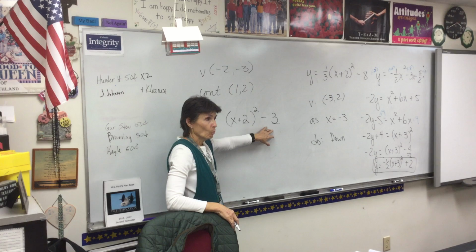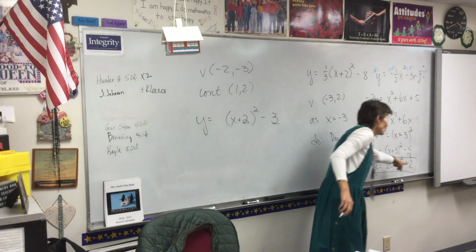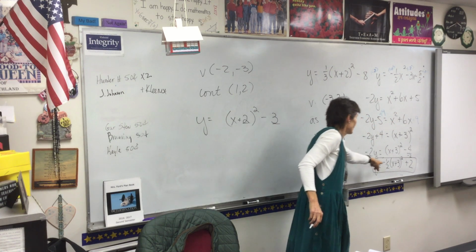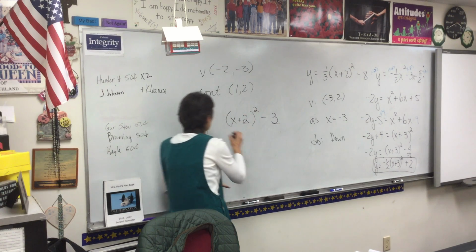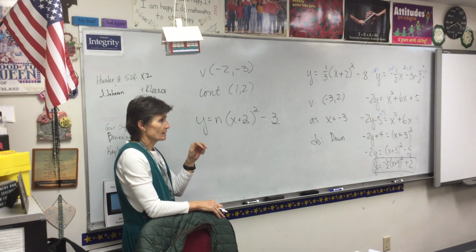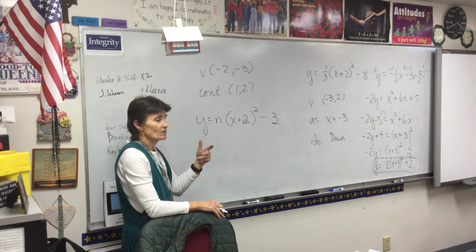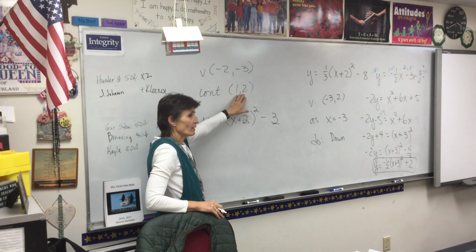Good? What do I not know? I know those two numbers are the vertex. What number in this equation do I not know? That guy right there? I don't know what that is. So I'm going to call it N for a minute. I have to figure that out. That's going to take some math. But it's not bad. Because see this point right here?